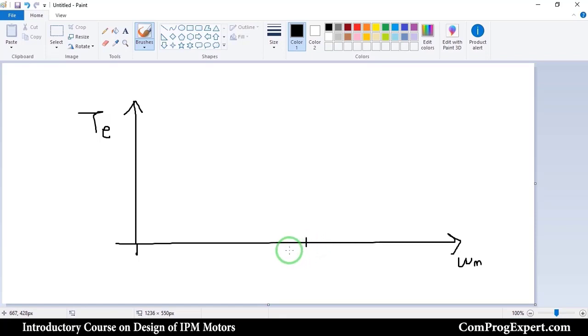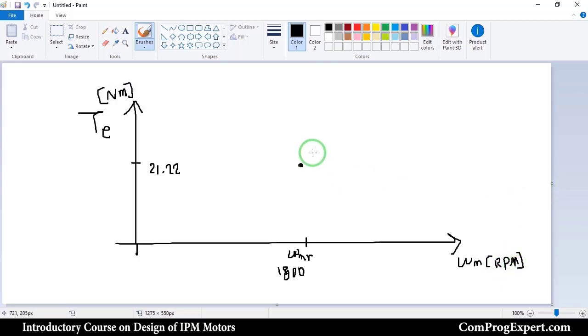I write omega m rated value, that is equal to 1800, and the rated torque there, that is equal to 21.22. The unit here is Newton meter, and the unit there is RPM.